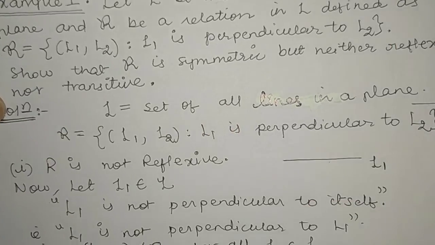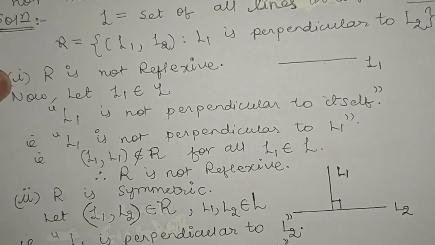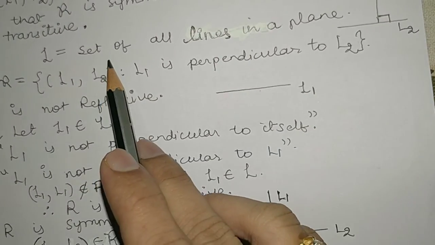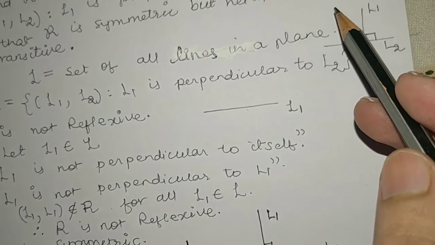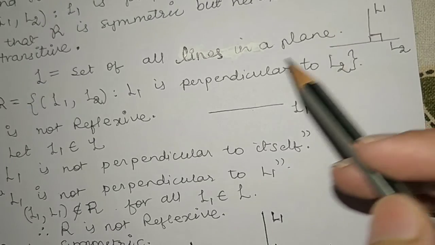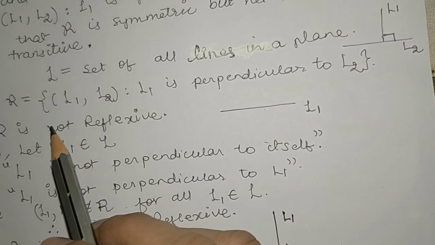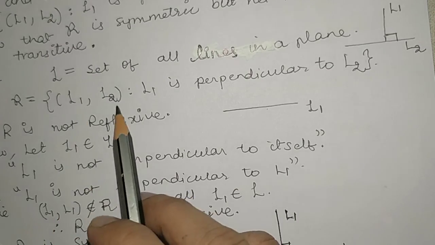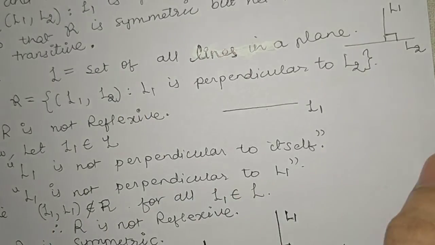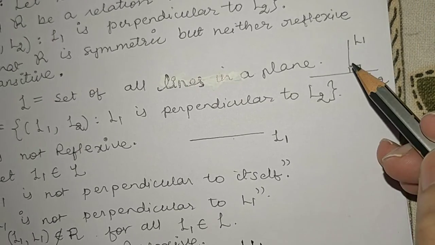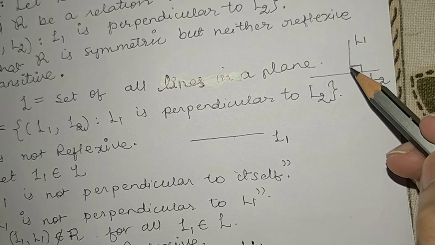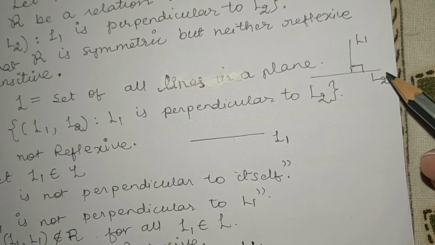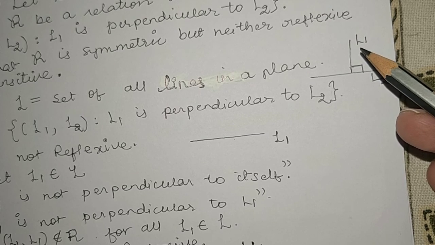So let us start the solution. L is equal to the set of all lines in a plane. So you are looking at all lines in a plane, and the relation R is equal to (L1, L2) such that L1 is perpendicular to L2. If this is the line L1, then the line L2 will be perpendicular to the line L1.